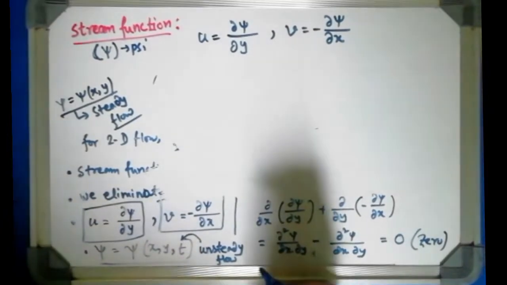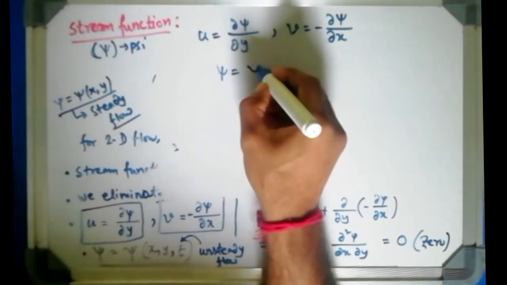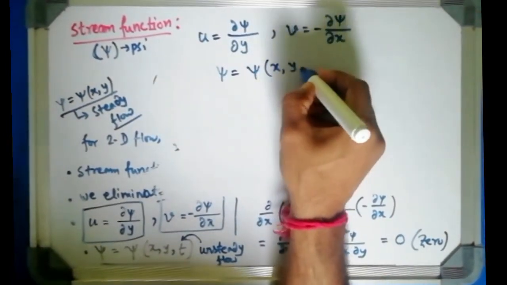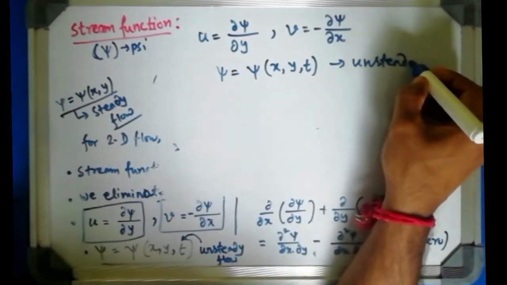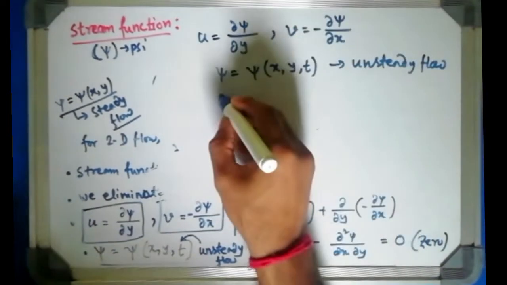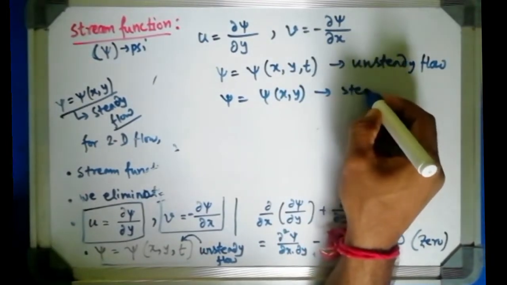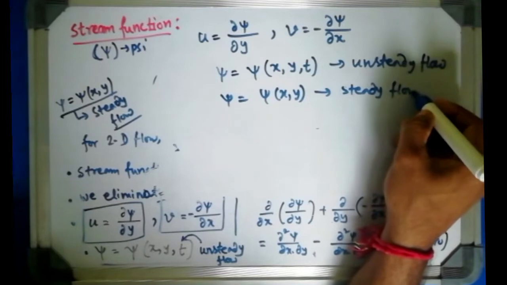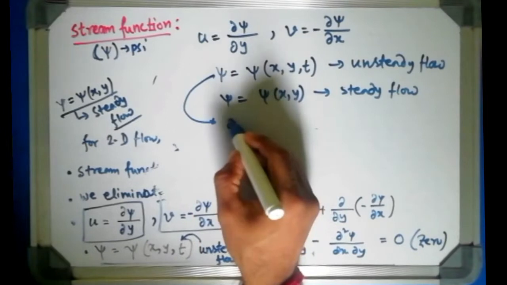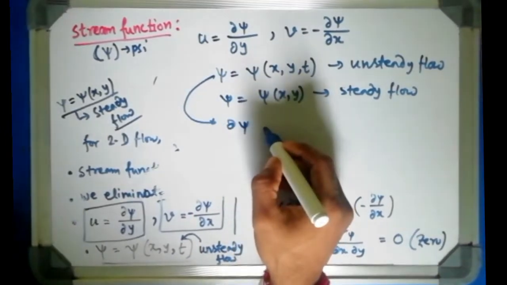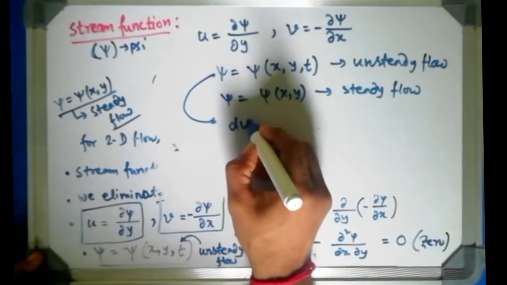Now already you have seen that psi is a function of x, y and t if it is an unsteady flow. It is also clear now. And it will be only a function of x and y if it is a steady flow. Now from here I can write the total derivative d psi.